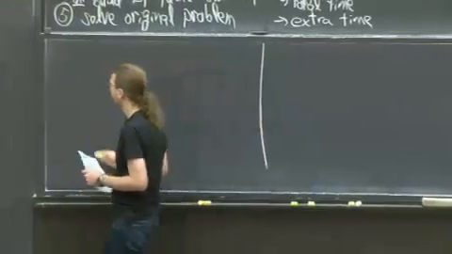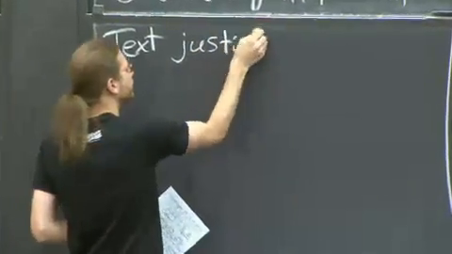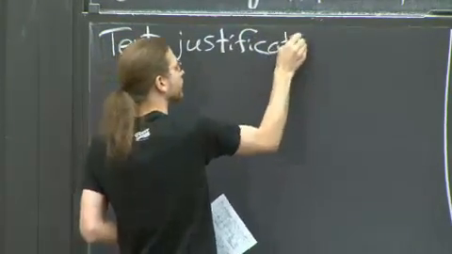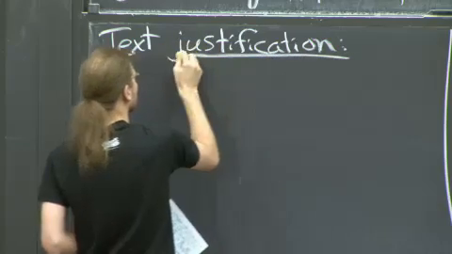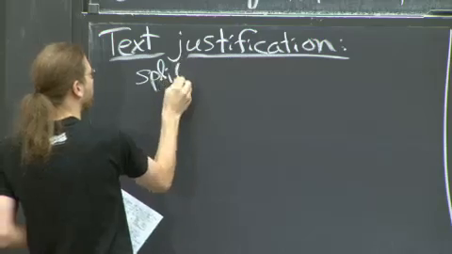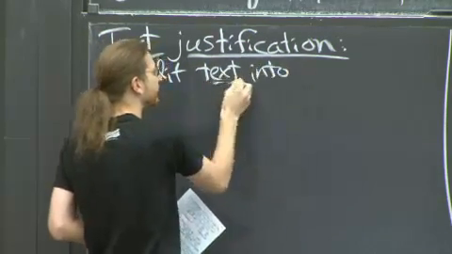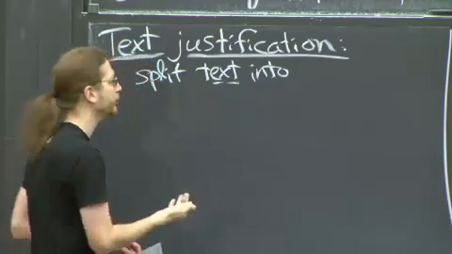So the first problem we're going to look at today is text justification. The informal statement of this problem is you're given some text, which means a string, a whole bunch of characters.